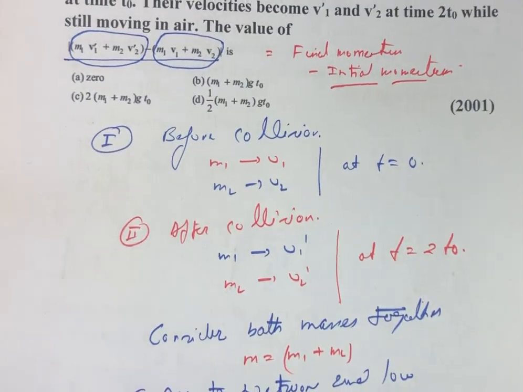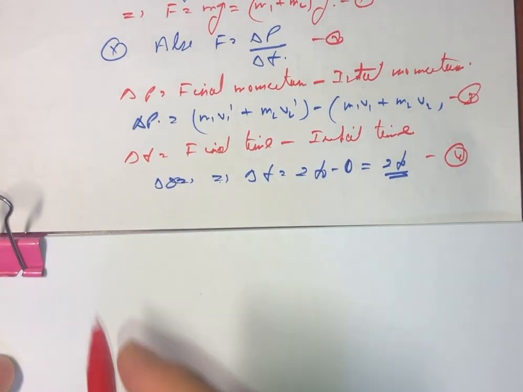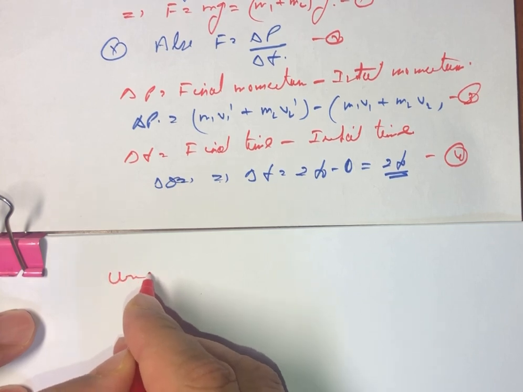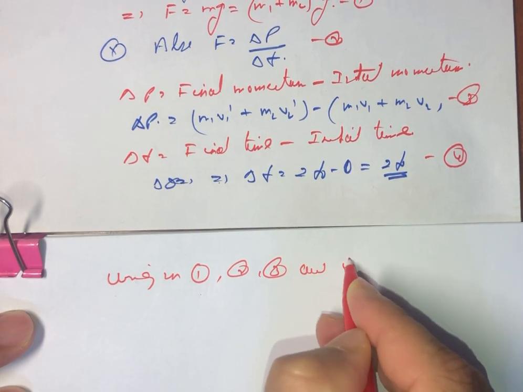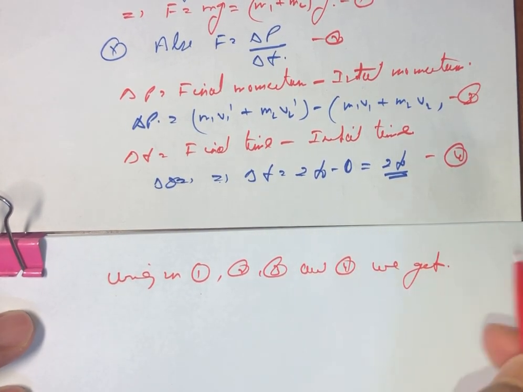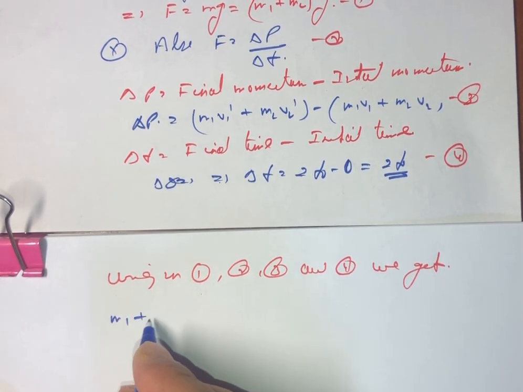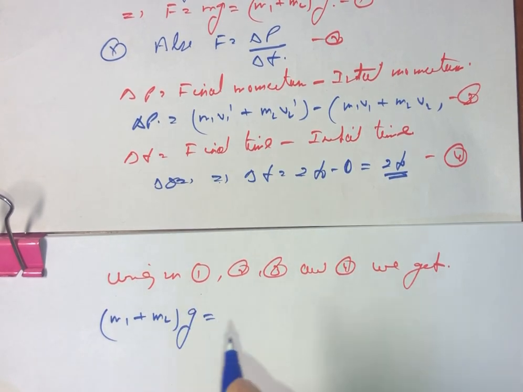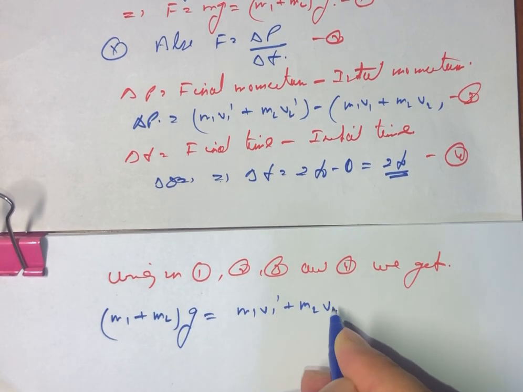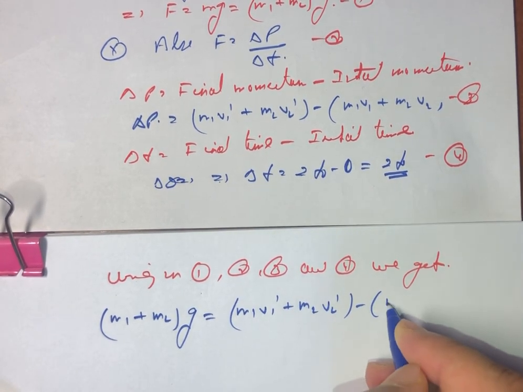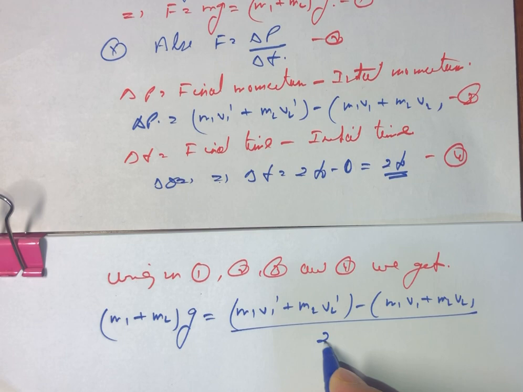So using equation 1, 2, 3 and 4, we get m1 plus m2 multiplied by g is equal to m1 v1 prime plus m2 v2 prime minus m1 v1 plus m2 v2 divided by twice t naught.